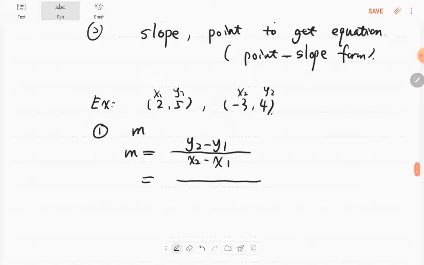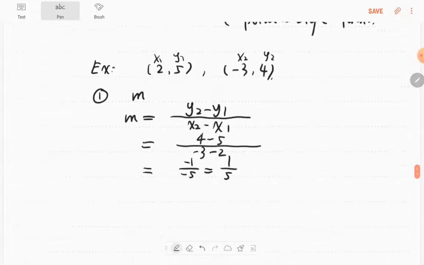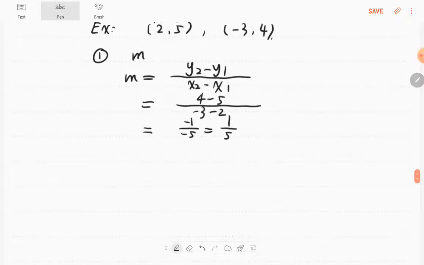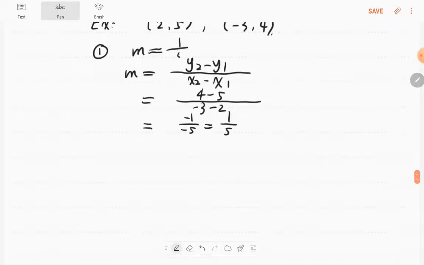So we will use 4 minus 5, y2 minus y1, then x2 minus x1, 3 minus 2. We will have negative 1 over 5. So we already get the slope. Slope is equal to -1 over 5.